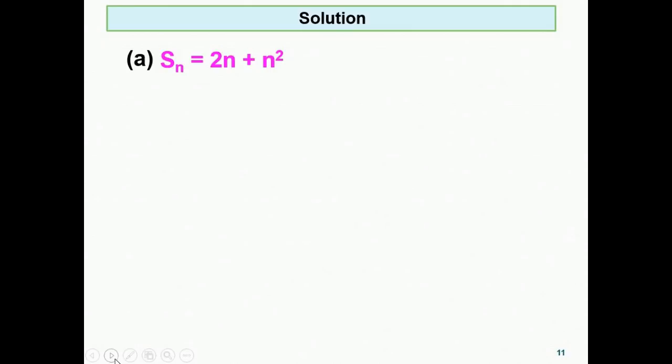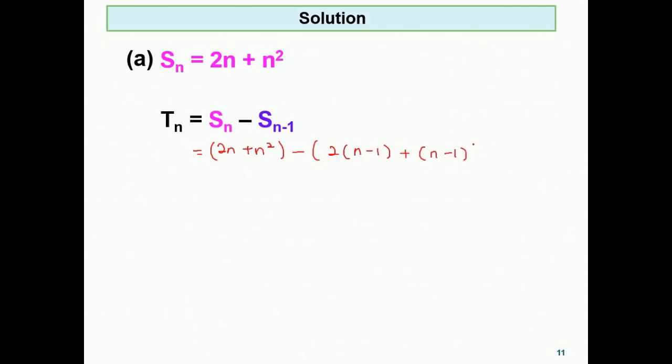So, given Sn is equal to 2n plus n squared, and the formula for Tn is equal to Sn minus Sn minus 1. So now, substitute Sn with 2n plus n squared. The Sn minus 1 is 2 times (n minus 1) plus (n minus 1) all squared.